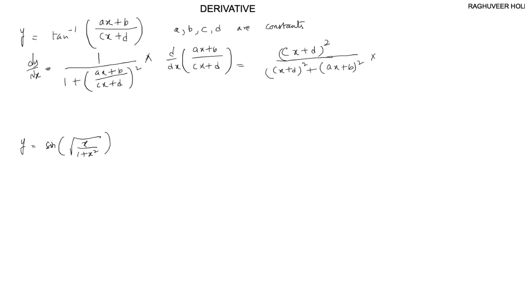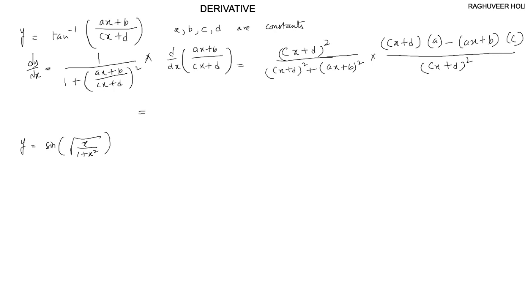So multiplied, this is (cx + d), differentiation of (ax + b) will be a, minus (ax + b), differentiation of (cx + d) will be c. So this divides by (cx + d) whole square, right?